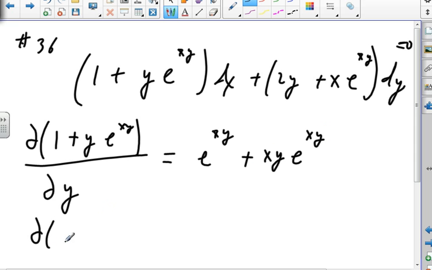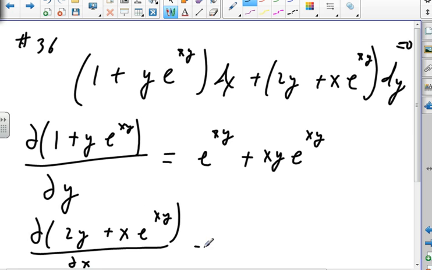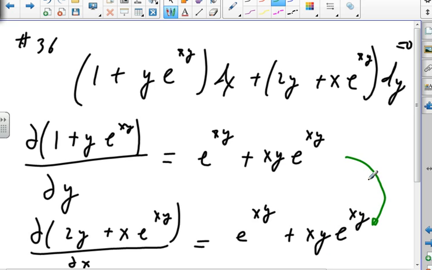I look at the partial of 2y plus x e to the xy with respect to x. Okay, this is just a constant, it's 0. So I have e to the xy plus xy e to the xy. So those two guys are the same. So my mixed partials are the same. So my method works.